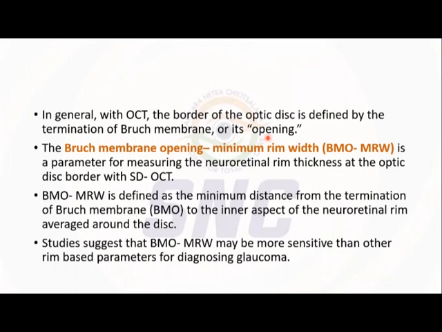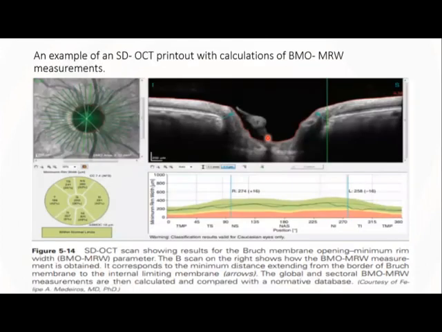Studies suggest that the BMO-MRW may be more sensitive than other rim-based parameters for diagnosing glaucoma. Here is an example of an SD-OCT printout with the calculation of BMO-MRW measurement.